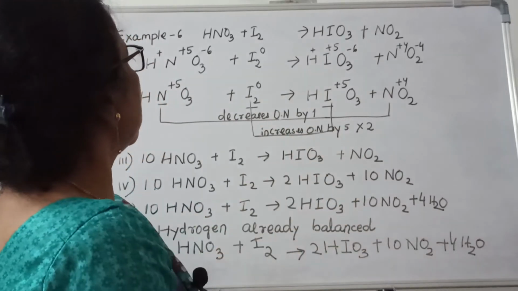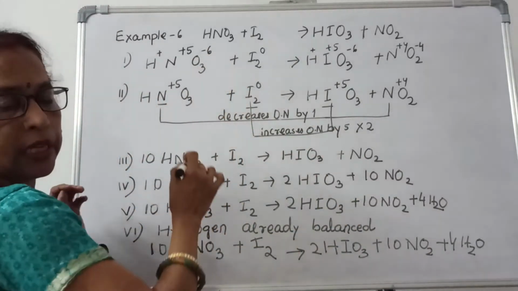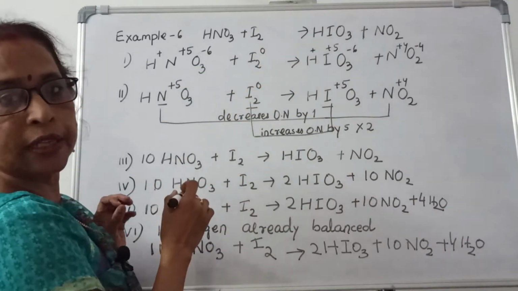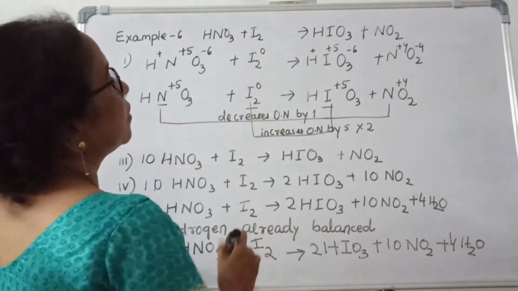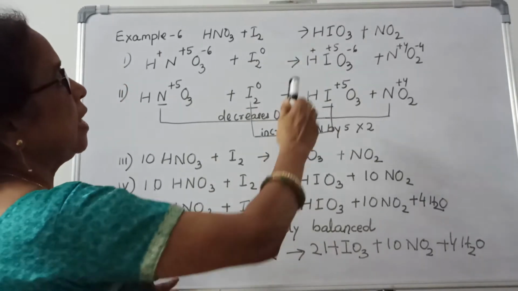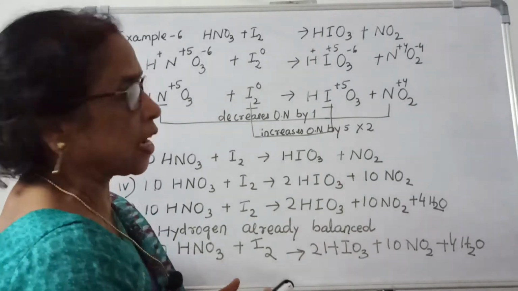Now here the question itself indicates HNO3, that is nitric acid, with I2, iodine. Here it gives HIO3, iodic acid, and nitrogen dioxide.